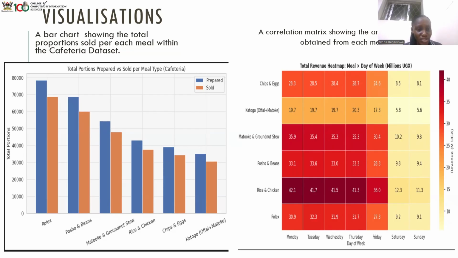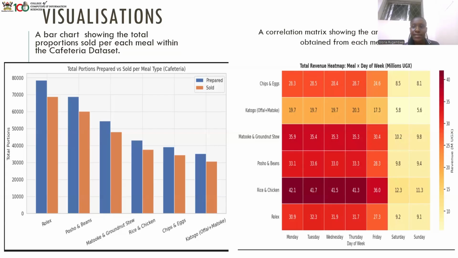As you see, the blue represents prepared meals and the orange represents the proportions sold. We are able to see that Rolex has the highest amount prepared and also the highest amount sold, compared to Katogo, which lags behind with the least amount prepared and the least sold.